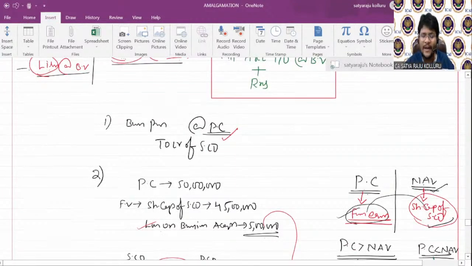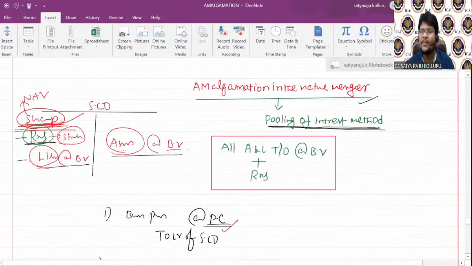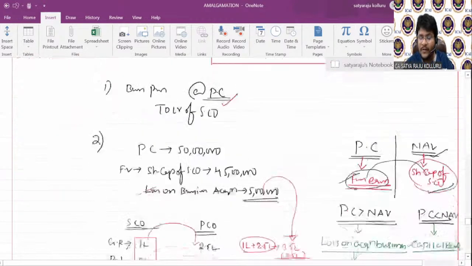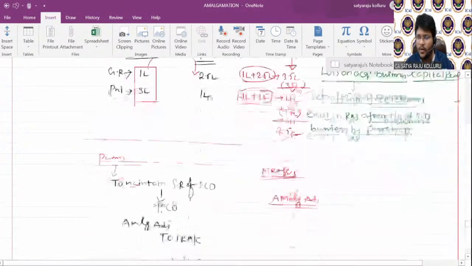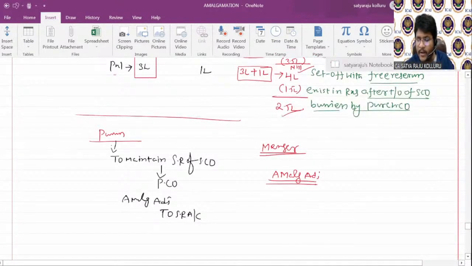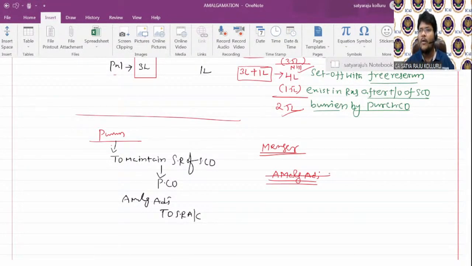I mean to say, the statutory reserves of the selling company are already incorporated by the purchasing company, and moreover, they are not set off with the loss on business acquisition as well. So that's why they are still carried at their original figures in the books of the purchasing company. No need to maintain such an amalgamation adjustment account. There is no amalgamation adjustment account necessary to maintain the statutory reserves of the selling company.